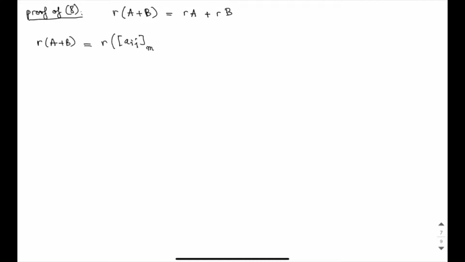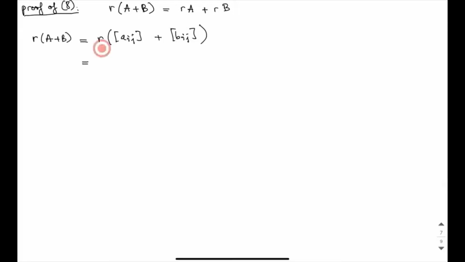I should have written Aij m by n and Bij m by n. But when we add matrices, it's implicitly understood that we are adding matrices of the same size, the same number of rows and the same number of columns. So it is not necessary to keep the m by n because it just lengthens our notation.